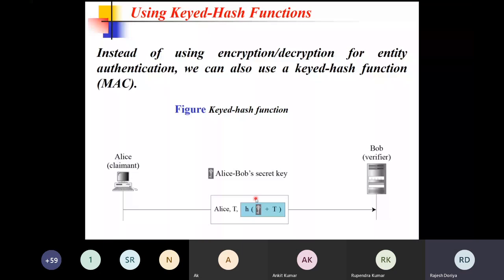This, which has already been discussed in detail in the earlier classes, can also be used in order to prove the authentication, because this particular key is a secret shared key. Upon receiving this message, if the received timestamp is the same as this timestamp, then the access will be granted, otherwise not.